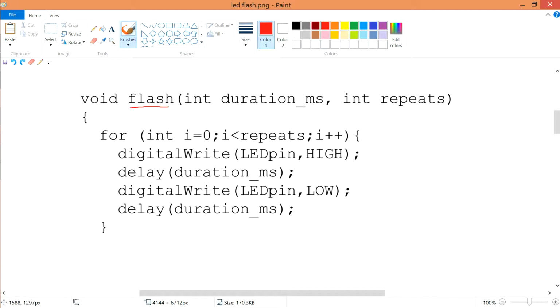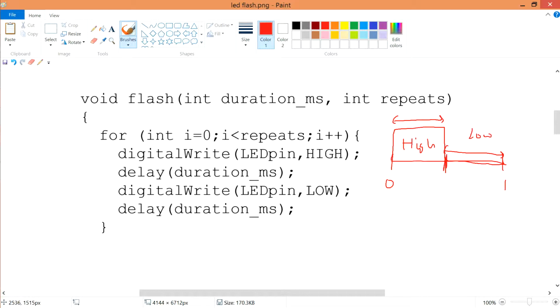Alright, so void flash, your particular function, your input duration, and the number of times you want to flash it. So how it works is that over here it writes high for some delay and then it writes low for some delay. So it corresponds to our diagram just now, right? So over here it is high for some period of time and over here it is low, correct?